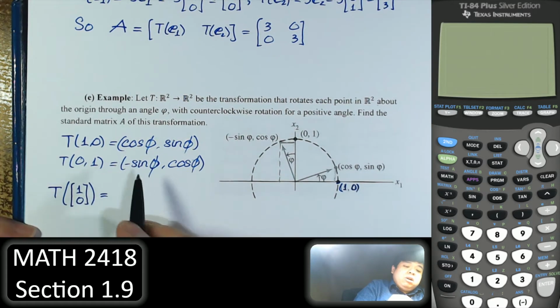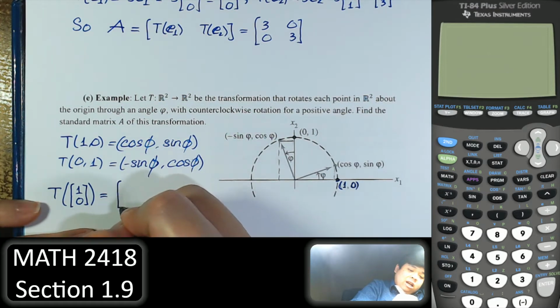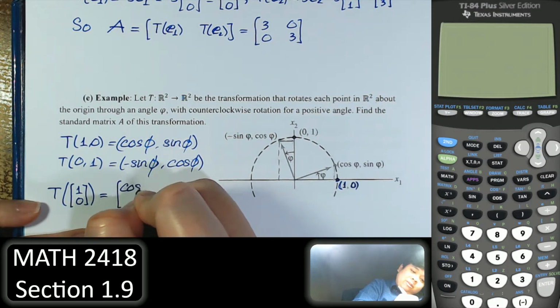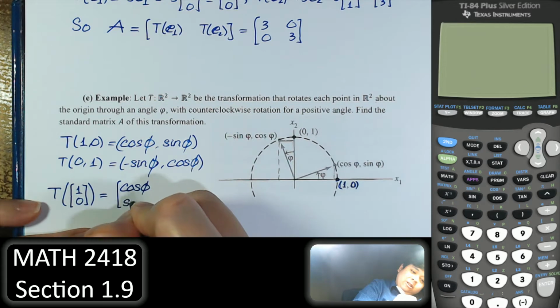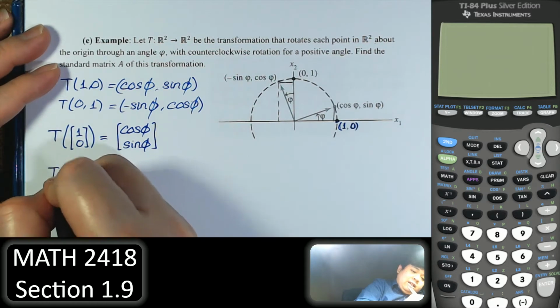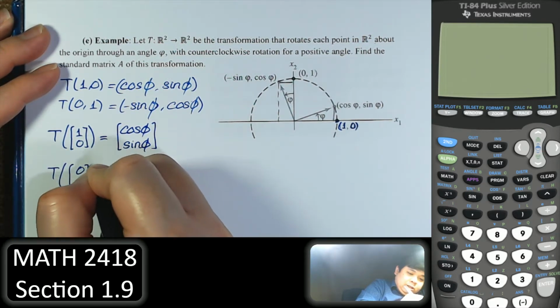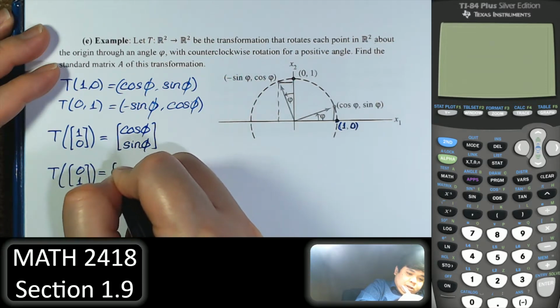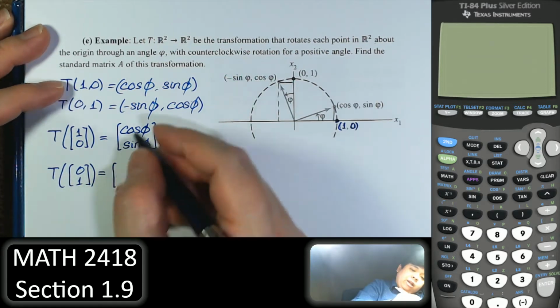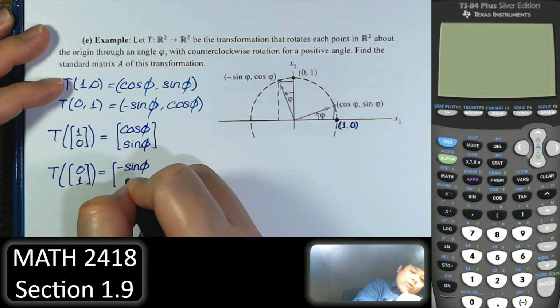And instead of cosine, sine like that, I can write that as a column vector. And then T of 0 comma 1 is going to be negative sine and cosine.